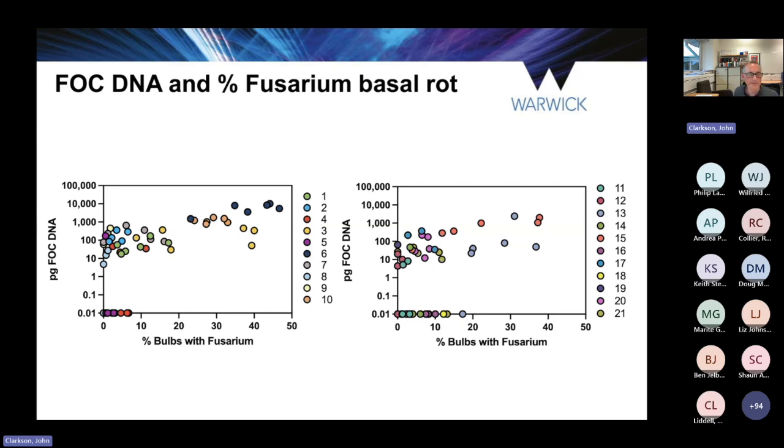As you see, there's a bit of noise, but there is some sort of correlation between the two. You'll notice we have some instances where we don't detect the pathogen in the soil but you still get a few bulbs with Fusarium, and the opposite is true as well. We're doing this for 40 fields this year, so we'll have more data to look at. In future we'll need to pick out those fields where we're not detecting the pathogen but disease does develop, to understand why.